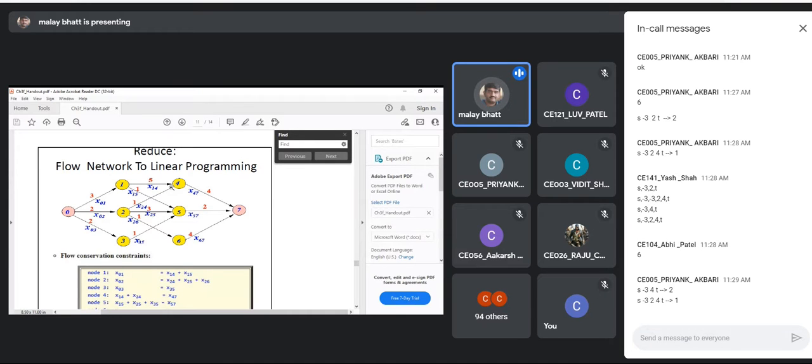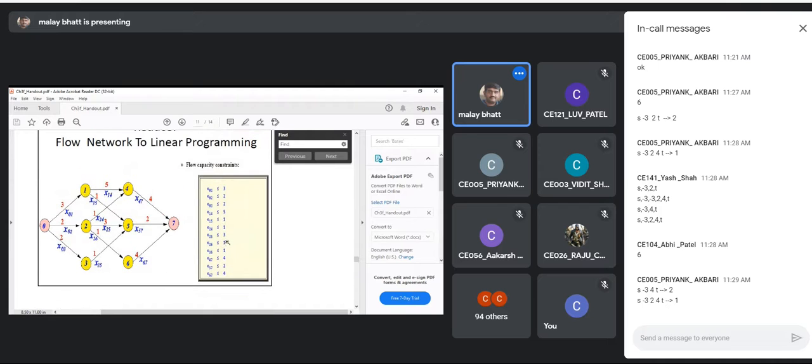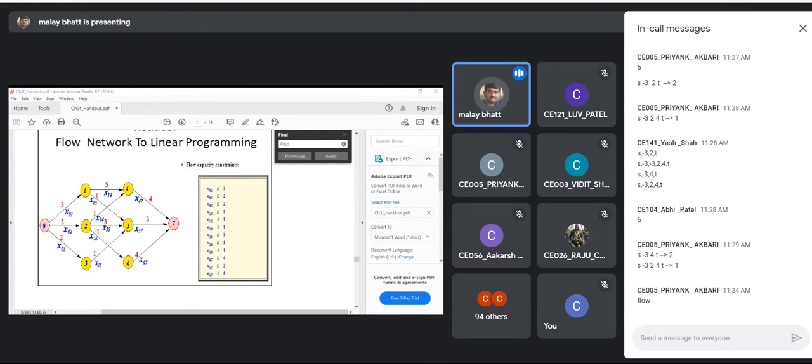So the addition of x14 and x15 will be equal to x01. So x01 is the capacity or it is the flow value? Can you tell what this x01 variable indicates? If you understood the thing, you can answer. Yes, it is the flow value, right?